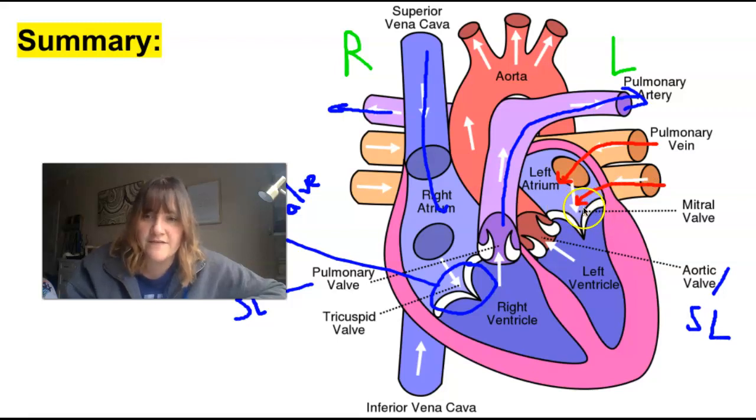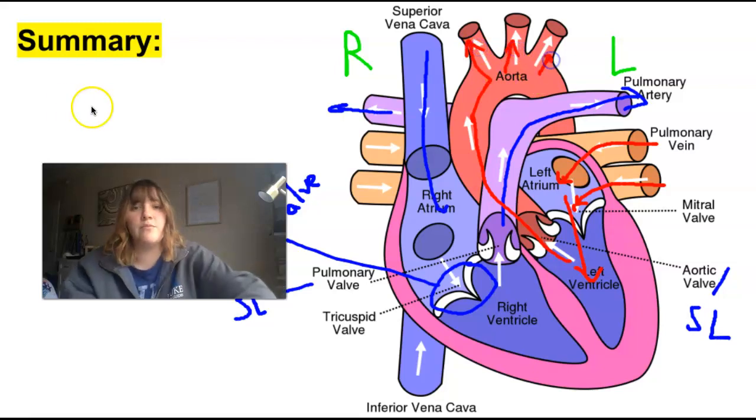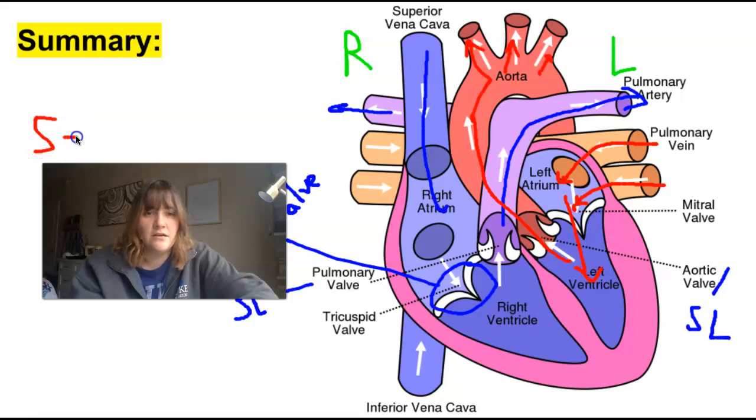And then the AV valve here will open, help the left ventricle fill with blood, and then that blood will flow through the aorta to the rest of the body. And if you can just remember that systole is pumping blood, and diastole is refilling.